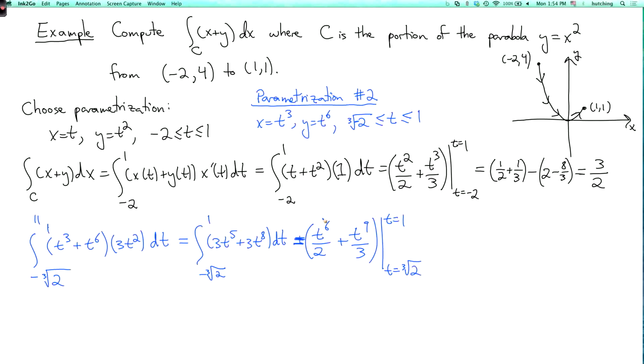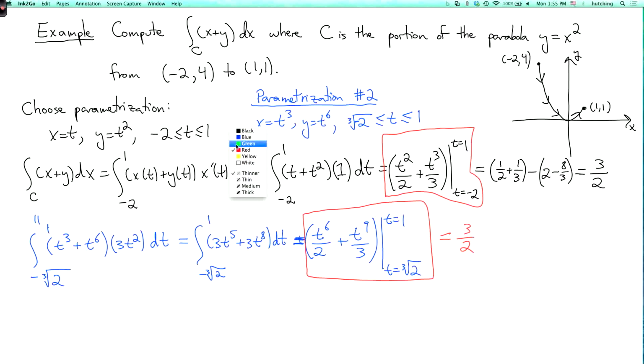So now if you compare this expression to this expression, you'll see that they're exactly the same. It's just that t over here gets replaced by t cubed over there. But otherwise, the calculation is going to come out the same way. So we're still going to get 3/2, just as before.